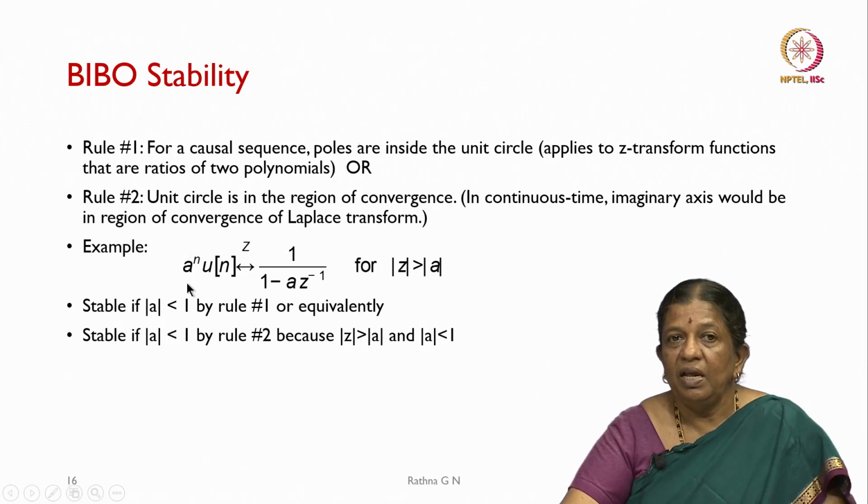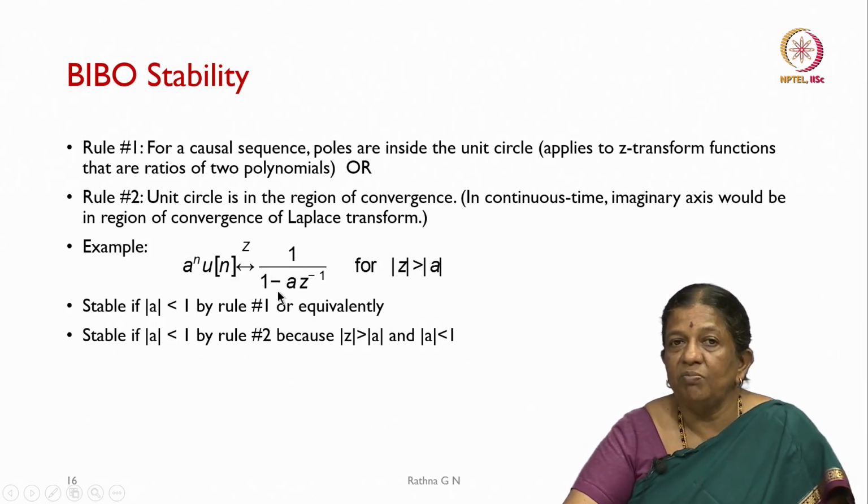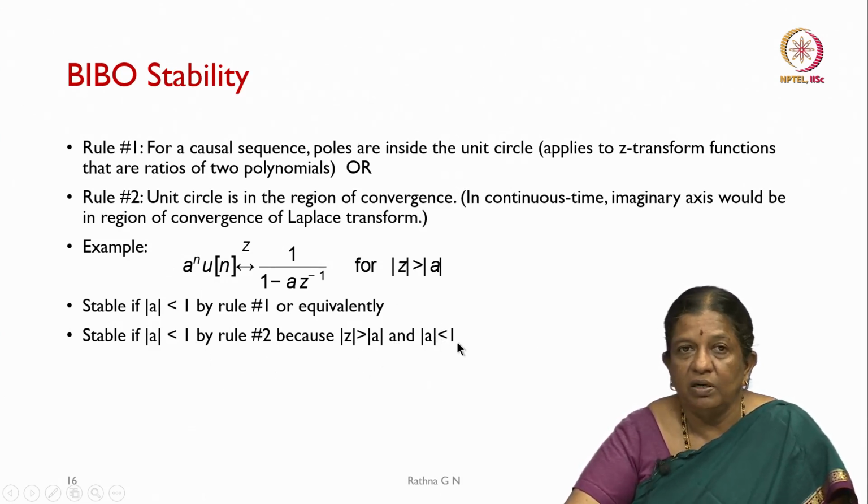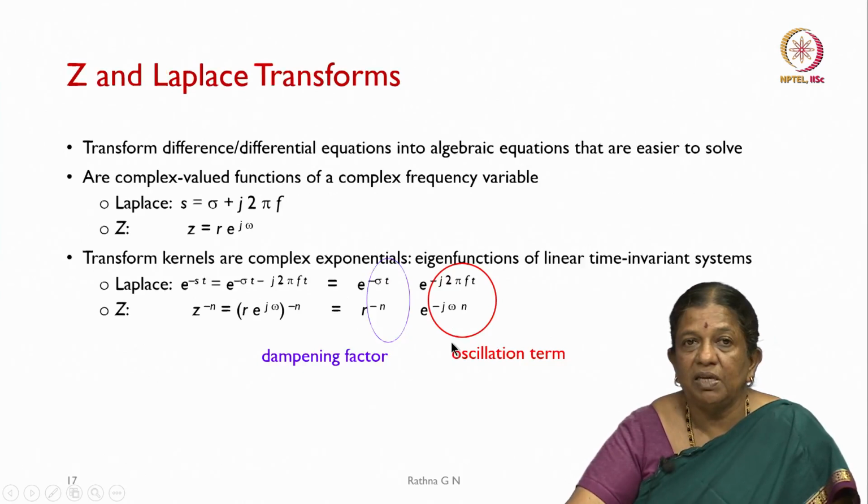As an example, a to the power of n times the unit step function, when we take the Z transform of it, is nothing but 1 by 1 minus a z to the power minus 1 for all magnitude of z greater than magnitude of a. So, stable if magnitude of a is less than 1 by rule 1, or equivalently stable if magnitude of a is less than 1 by rule 2 also, because magnitude of z is greater than magnitude of a and magnitude of a is less than 1. So, that way we will be achieving the stability.